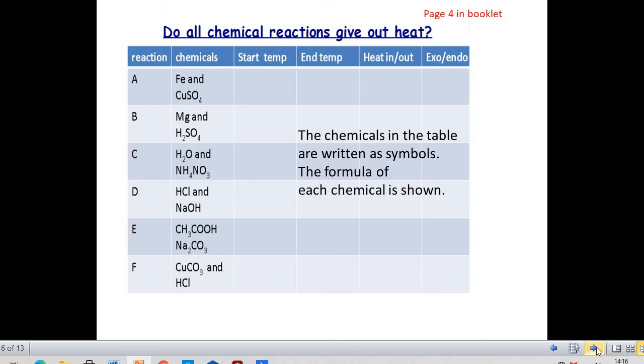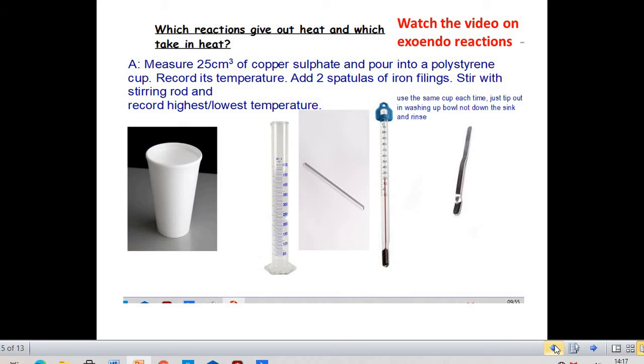The third one is between water and ammonium nitrate. The fourth one, hydrochloric acid and sodium hydroxide. The fifth one, ethanoic acid and sodium carbonate, and the last one is copper carbonate and hydrochloric acid. And this is the equipment you're going to need for each one.